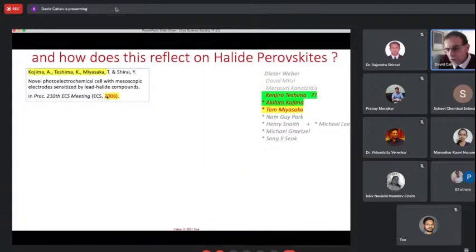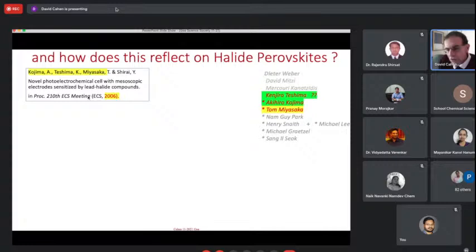But in 2006, we're going back quite a bit, at an ECS meeting in the US, Kojima, Teshima, Miyasaka, and Shirai first reported on their new photoelectrochemical cell with lead halide compounds, with halide perovskites.